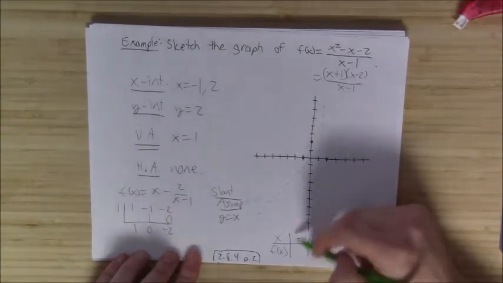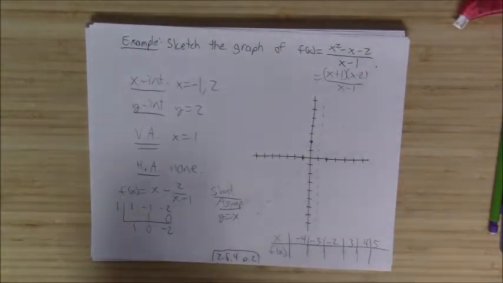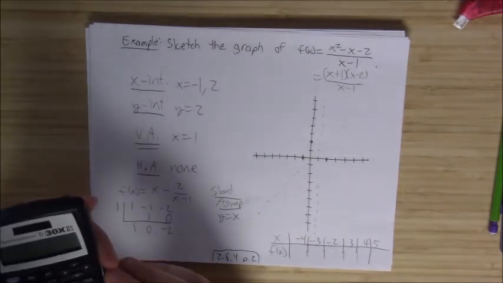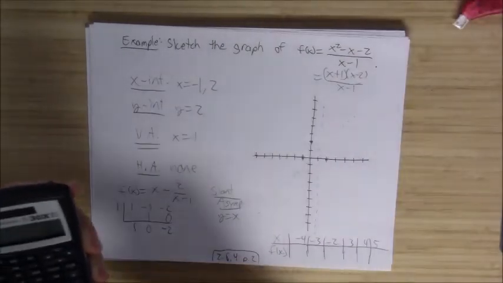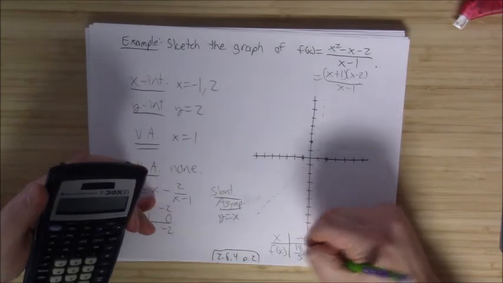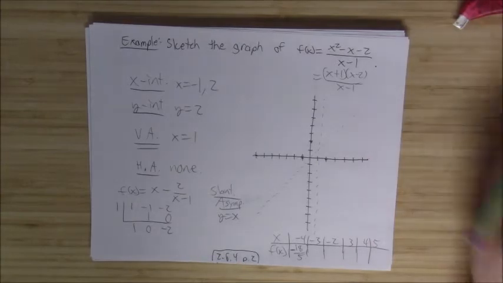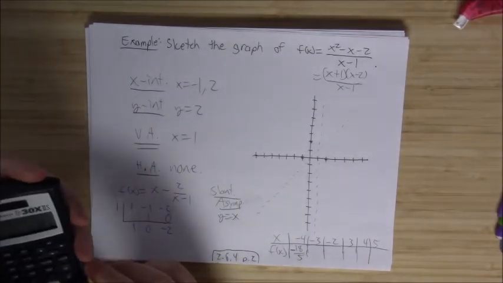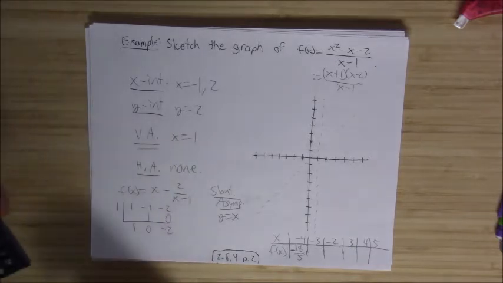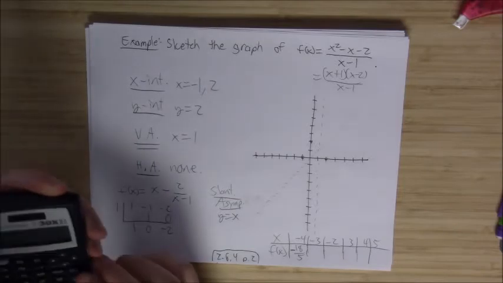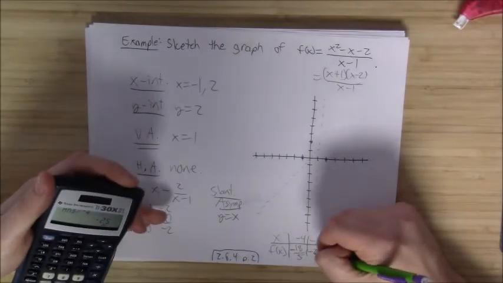Plugging -4 in, we get 16 plus 4 minus 2 on top, which is 18, divided by negative 5, so negative 18 over 5. Plugging negative 3 in, we get 9 plus 3 minus 2 is 10, divided by negative 4 is negative 2.5.